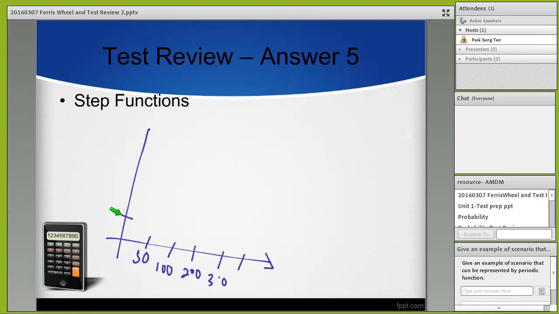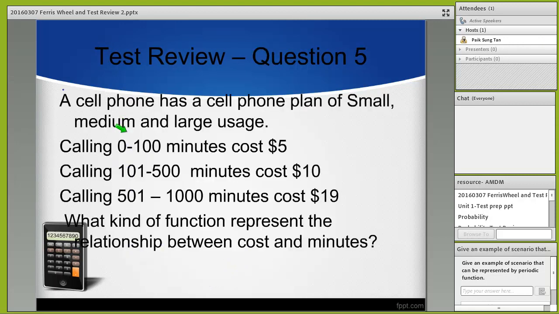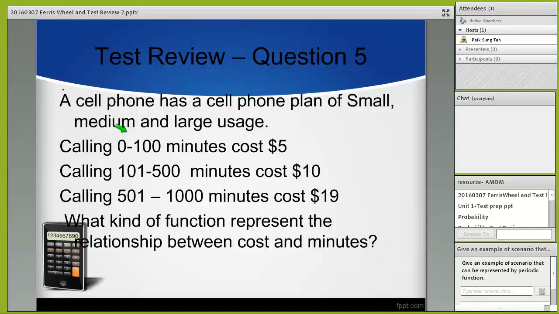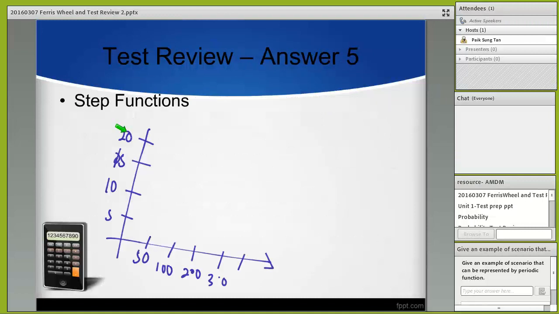And the cost is about 5, 10, 15, 20. So we know that 0 to 100 minutes costs $5.